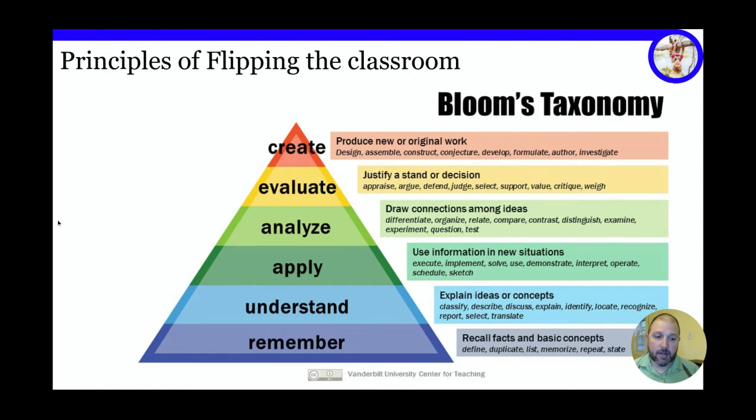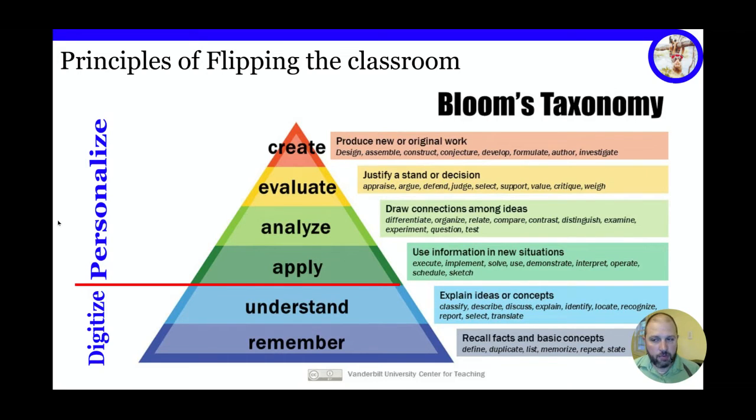So let's look at this again. The bottom section, understanding, remember, digitizing: pretty simple and straightforward. Now, personalizing the apply, create, analyze. The way that a teacher will do that in the classroom is by providing feedback.